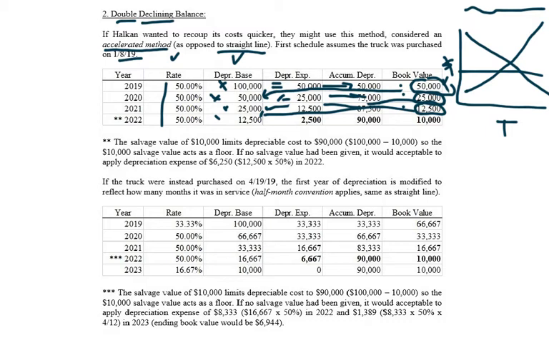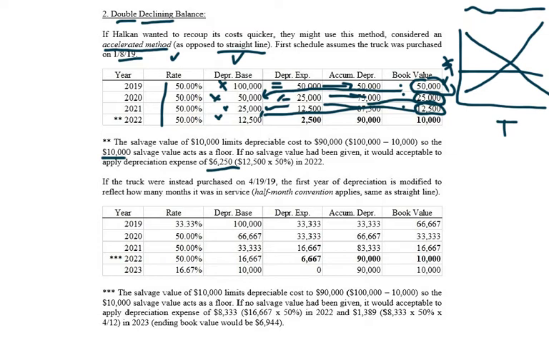So there it is, right there. Now, if we took 50% of that, we would get $6,250. But what's the problem? That would also render a book value, or an implied salvage value, you can think of it that way, of $6,250. But remember, we defined a salvage value at 10,000. We cannot go below the floor.